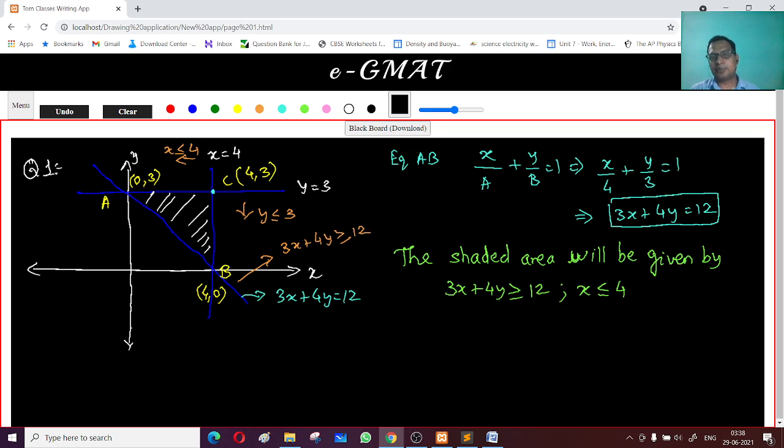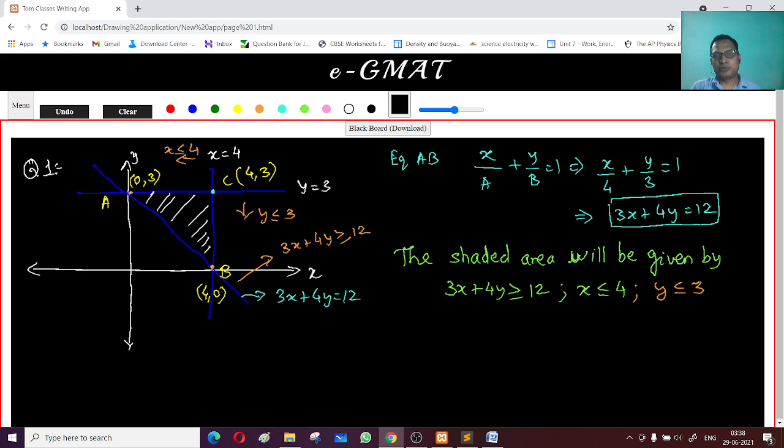So these are the boundary lines which are defining this particular shape, right? This is a bounded surface, so it is a closed surface, right? So this is how we can define an area in terms of inequations, right?